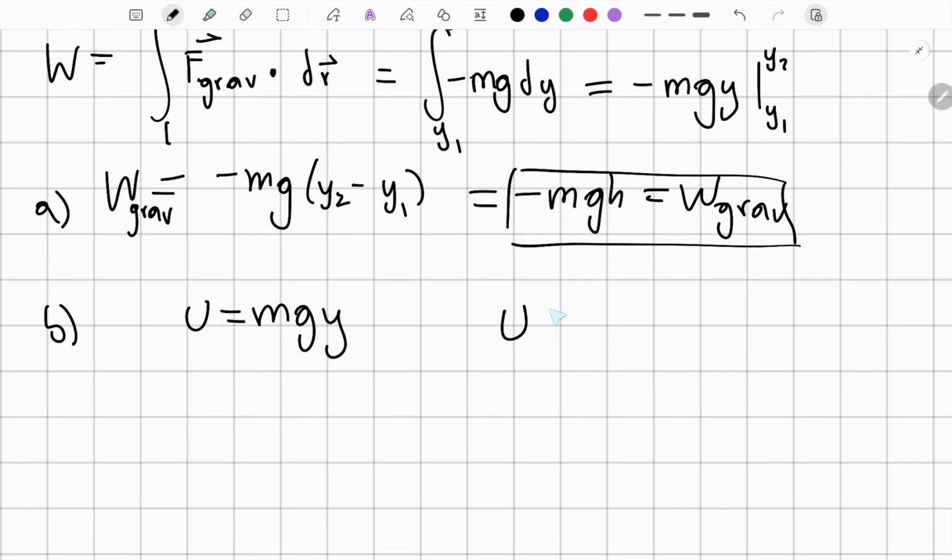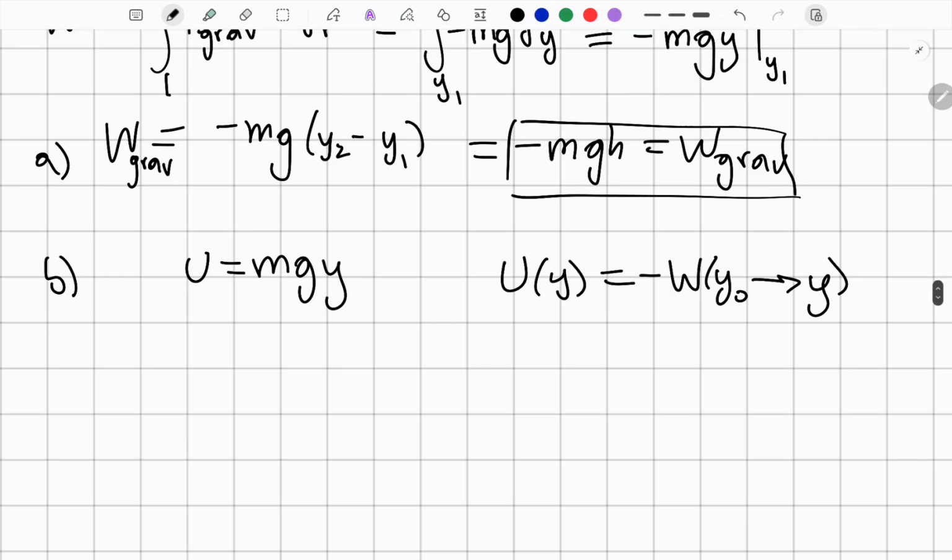We know then that U of our final position is going to be equal to the negative of that work done moving from initial y to final y. So in our case, U is going to be equal to the negative of that work done that we just showed up here.